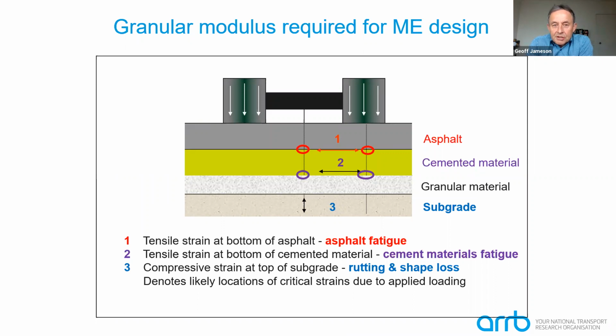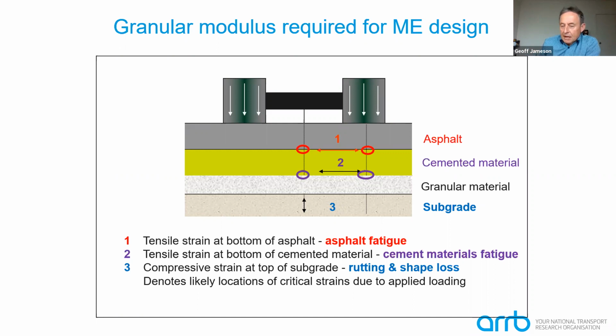Now, in the mechanistic design, as we discussed for the subgrade, we need modulus rather than CBR. We need a modulus for the trial pavement configuration when we're trying to predict the critical strains in the pavement. Those strains could be the asphalt strains to predict asphalt fatigue, or the tensile strains at the base of cemented materials to predict cemented materials fatigue, or the vertical strain on the top of the subgrade, which we use to predict surface deformation.